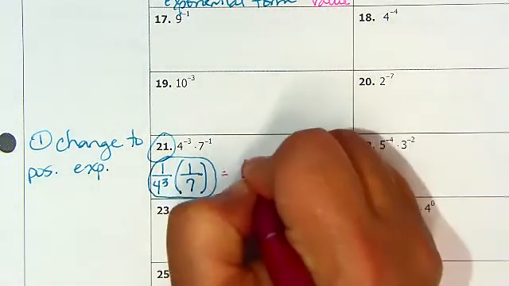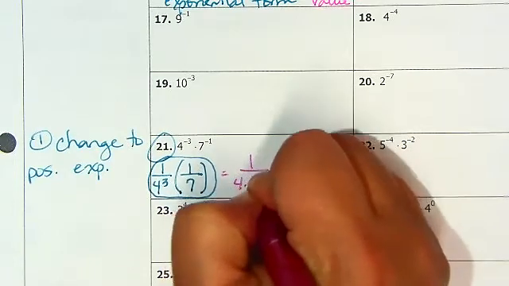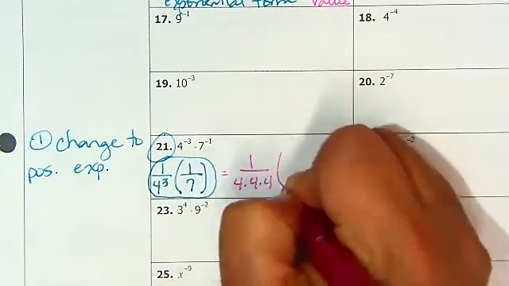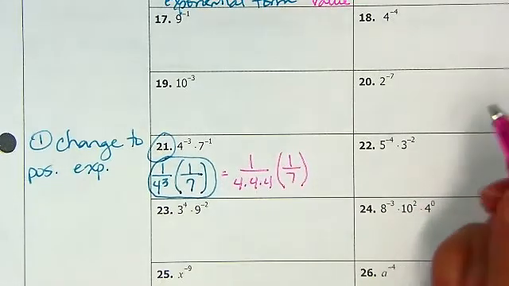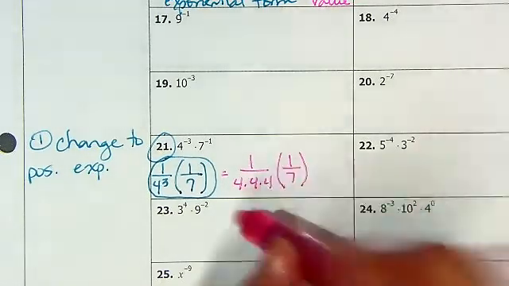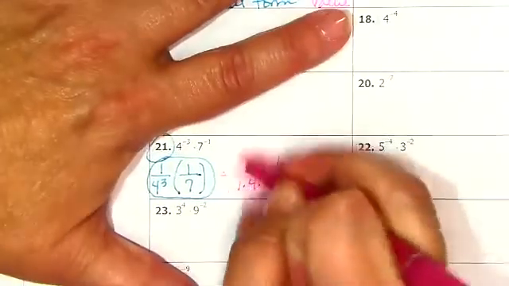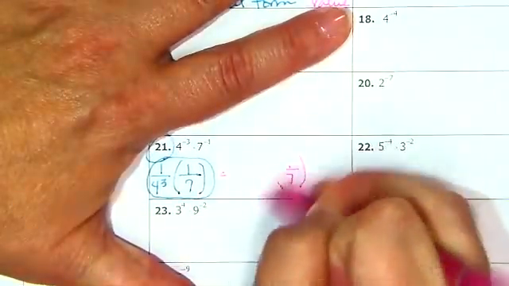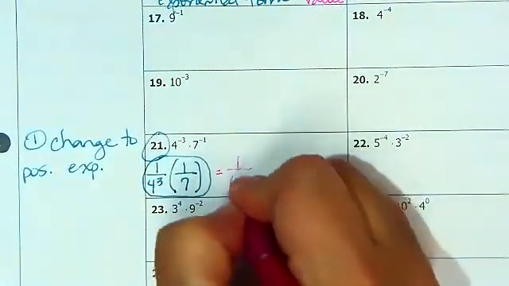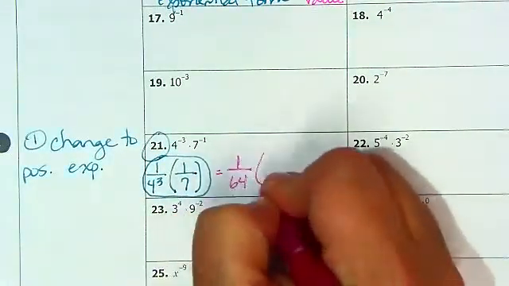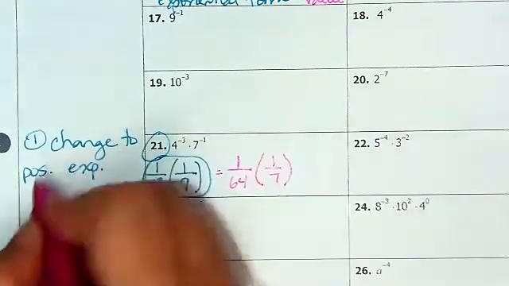So I'm going to have 1 over 4 times 4 times 4 times 1 over 7. I don't have much room here, so I'm going to do the calculations of the 4s off to the side. This gives me 1 over 64 times 1 over 7.